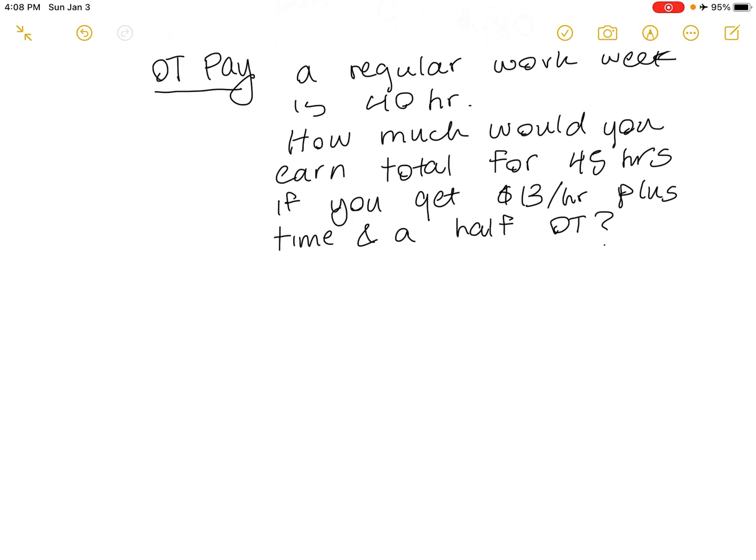Okay. Well, when you have a problem like this, you've got to break it into two parts, right? You're getting paid two different rates, regular rate and overtime rate, right? And you work a certain number of regular hours and overtime hours. So your regular hours are always going to be how many hours did you work up to 40? And you worked more than 40.